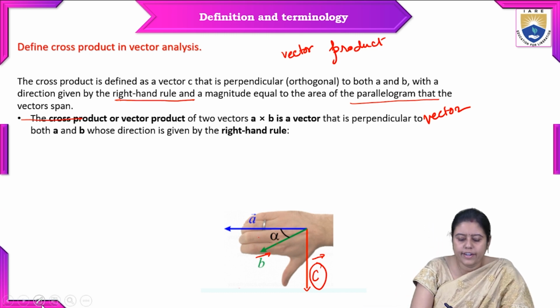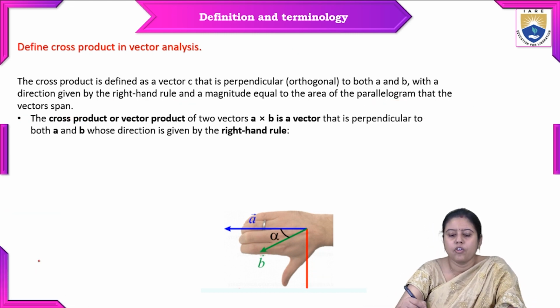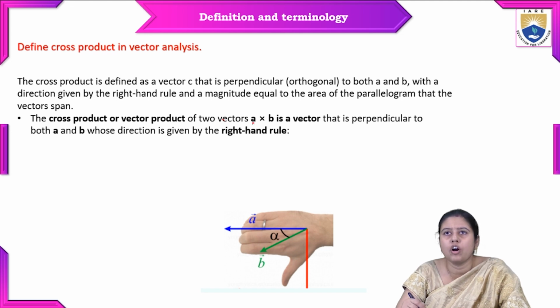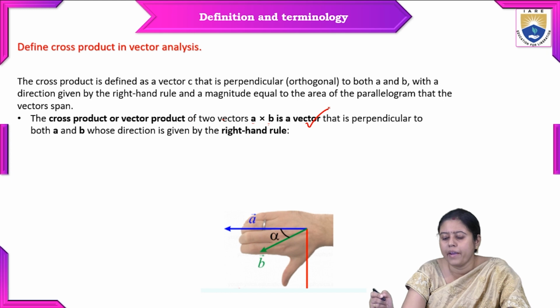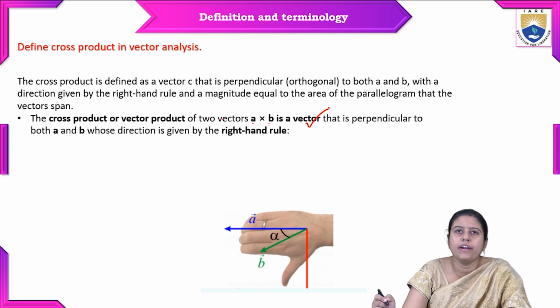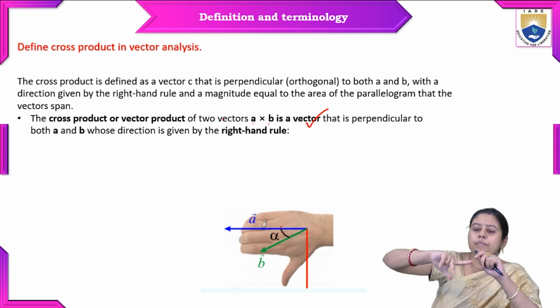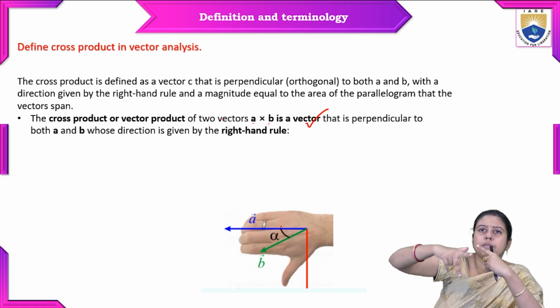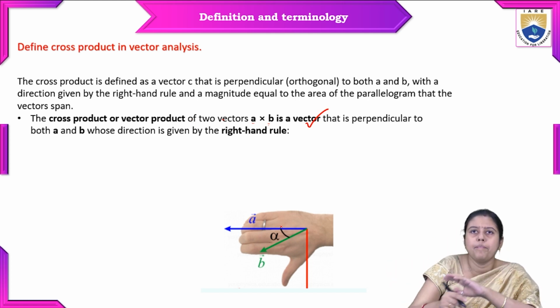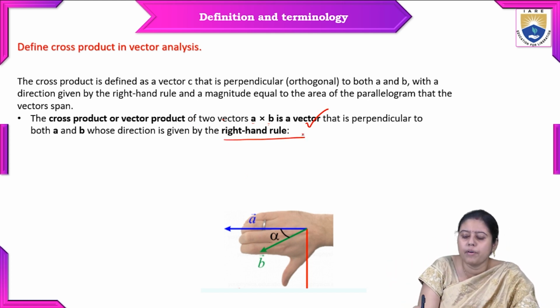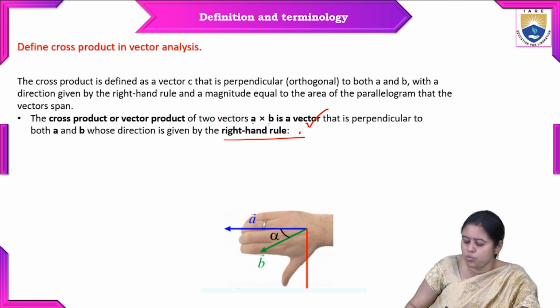So the cross product of A and B must be a vector perpendicular to the AB plane, whose direction can be given by the right hand screw rule.